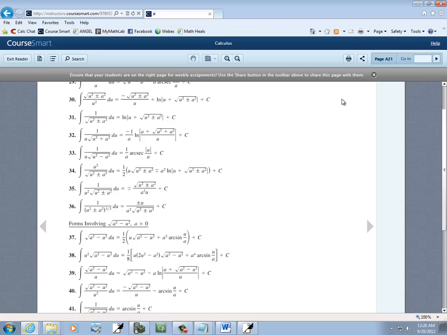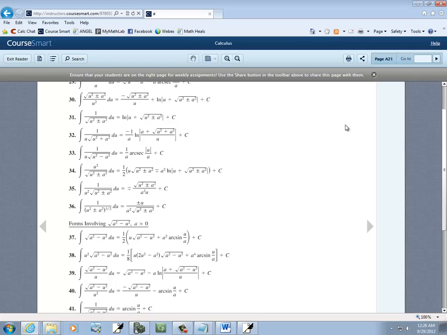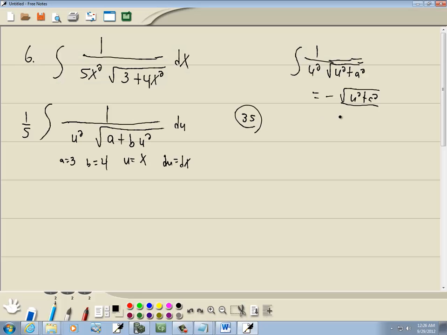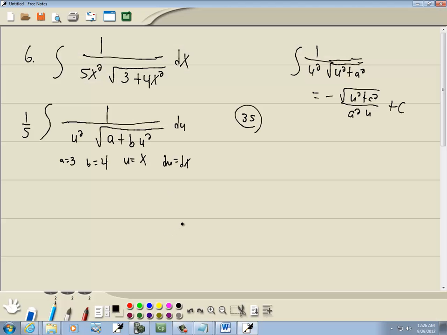So that would equal negative square root of u squared plus a squared over a squared u plus c. Let me see if I wrote that all down correctly. Yeah.